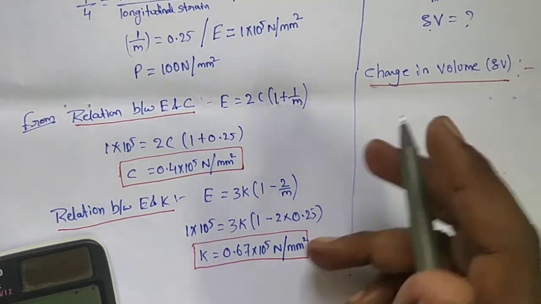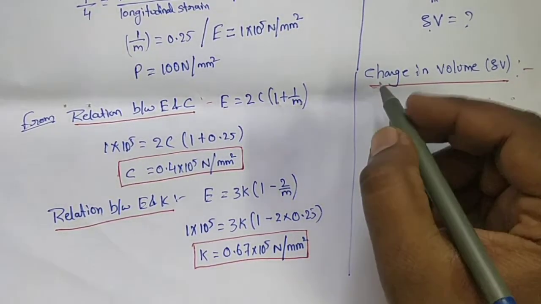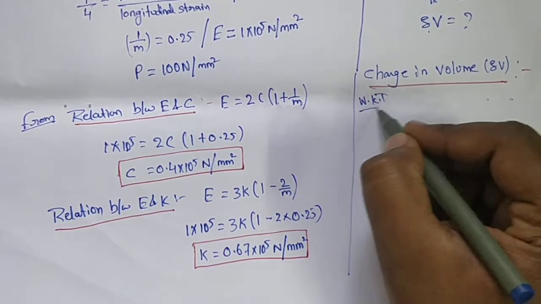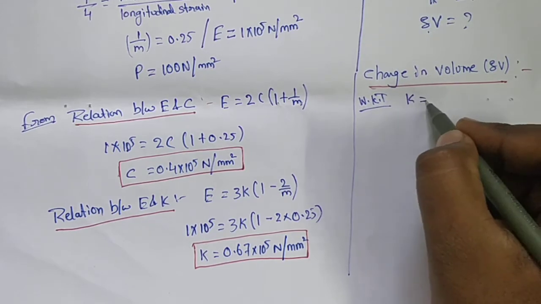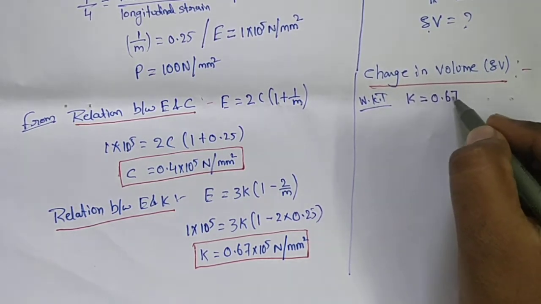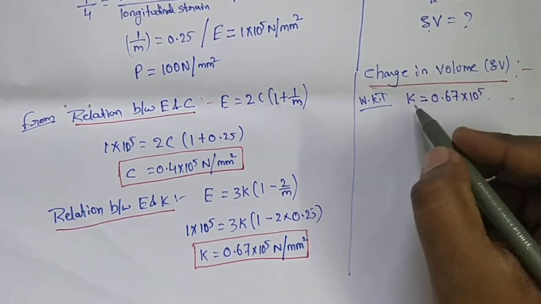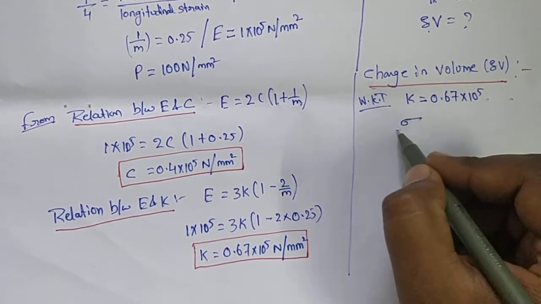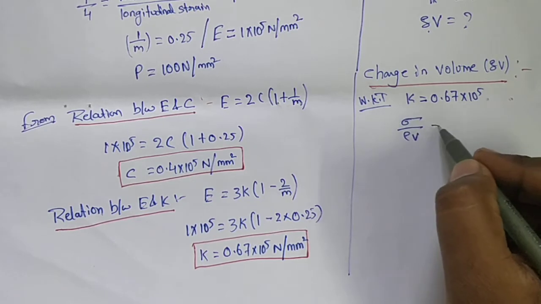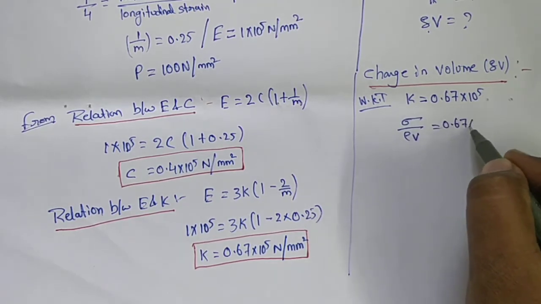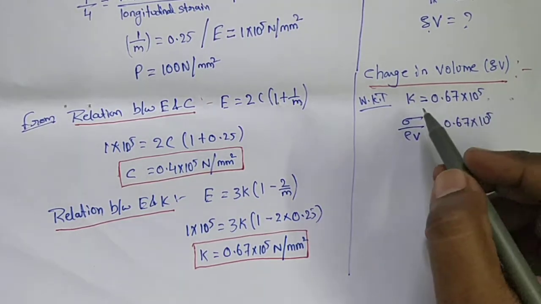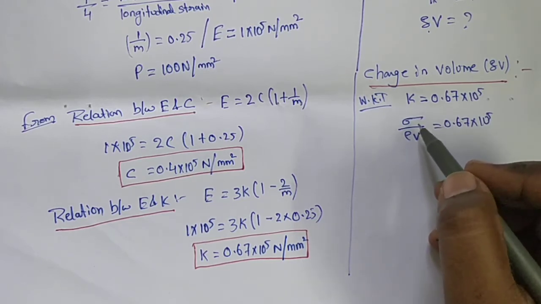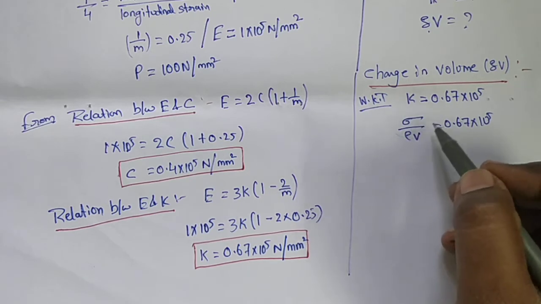From the bulk modulus equation, we know that K is equal to 0.67 into 10 power 5, where K means bulk modulus. The formula for bulk modulus is direct stress by volumetric strain. Here sigma indicates the hydrostatic pressure.